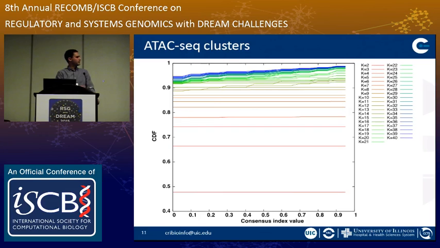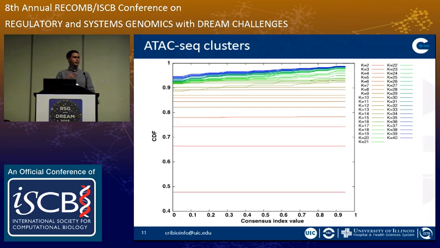What they showed is you adjust a threshold for co-clustering, so the fraction of times that 2 items would have to belong to the same cluster to consider them co-clustered in your consensus clustering. You can look at what fraction of samples end up co-clustered as you adjust the threshold.